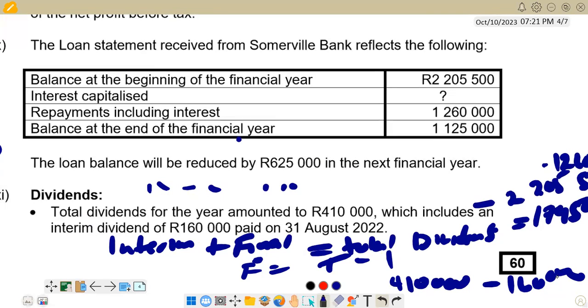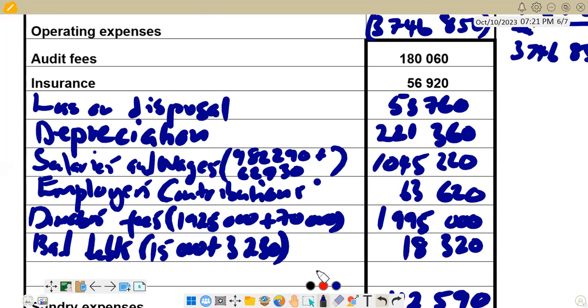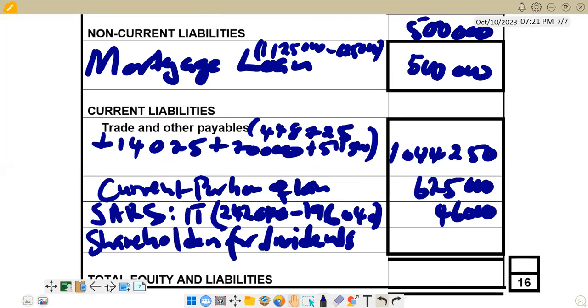If you do that, you get 250. So you are just going to summarize that working here. Shareholders for dividends, it's 410 minus 160. If you calculate that, you get 250,000.